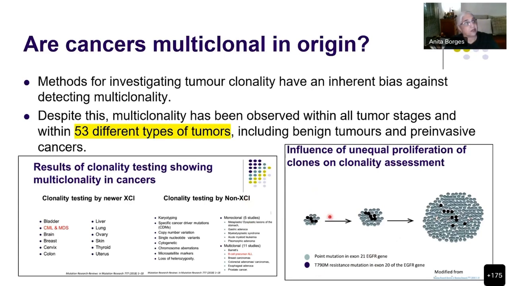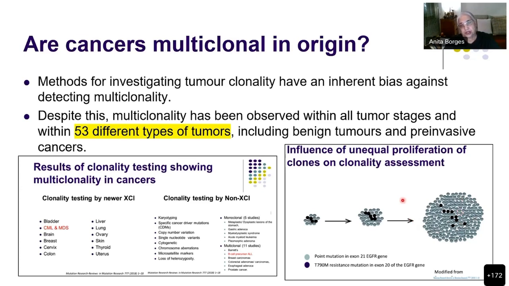Whereas the T790M resistance mutation is present in other cells, and it is overshadowed by the growth-promoting activities of the point mutation in exon 21 of the EGFR gene, which is simply driving that tumor to proliferate.